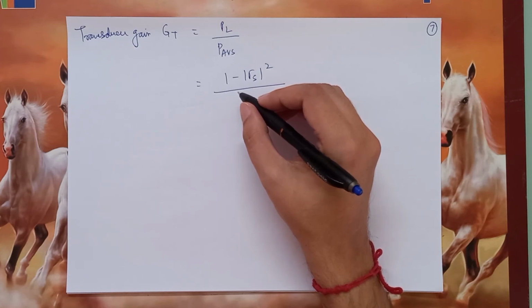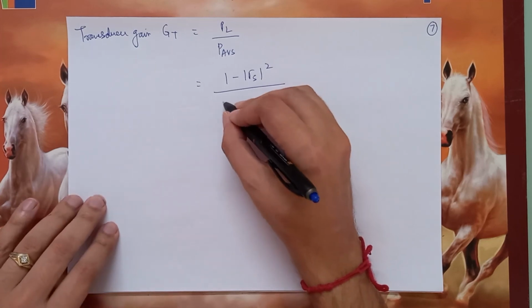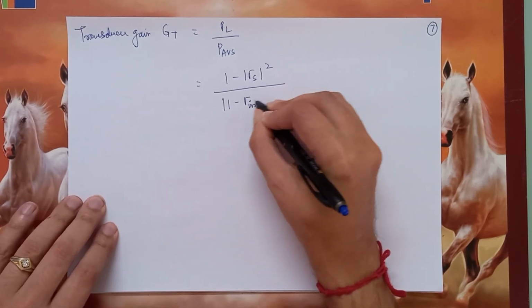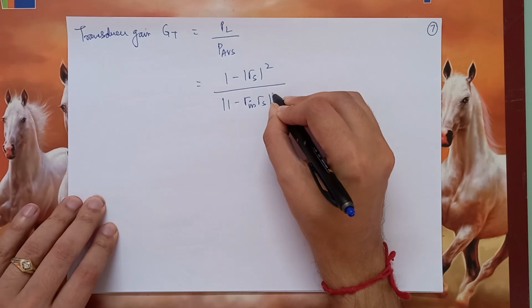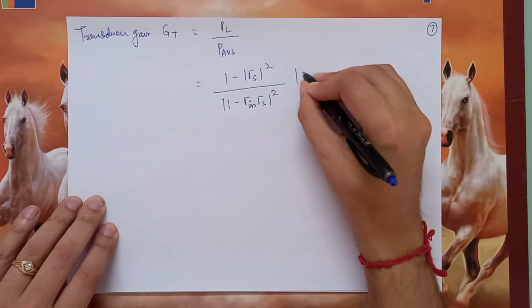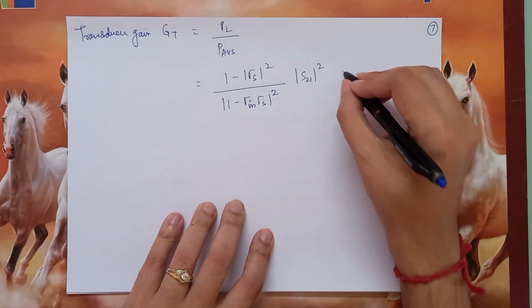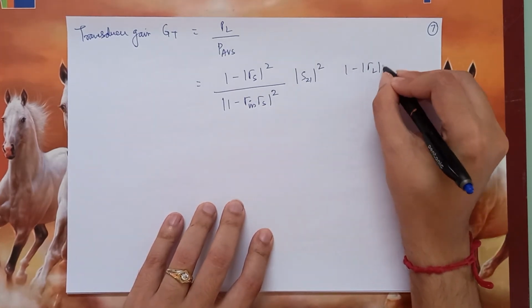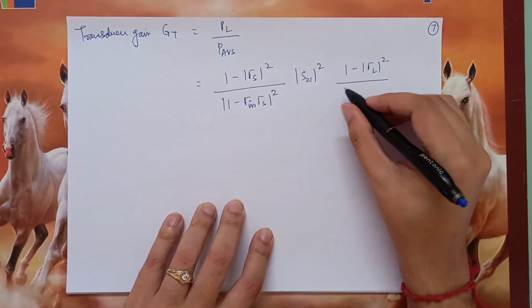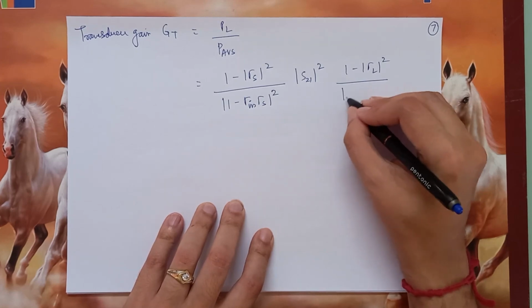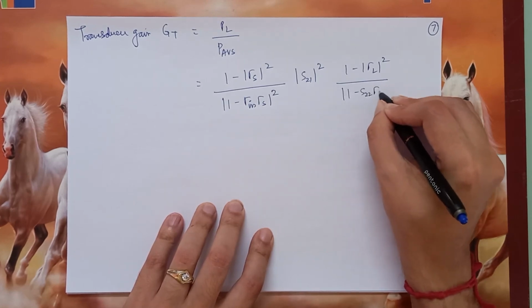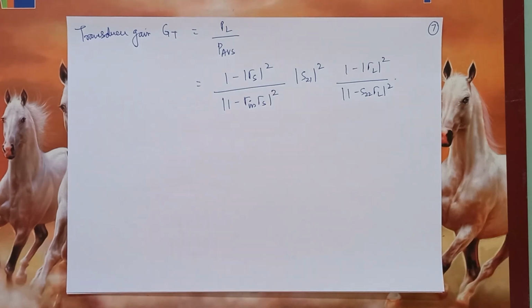One minus mod gamma in times gamma S the whole square, times mod of S21 square, times 1 minus mod gamma L square, divided by 1 minus S22 gamma L the whole square.